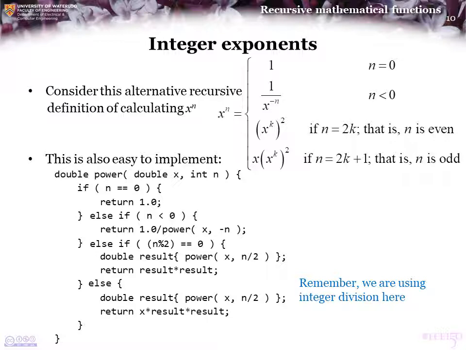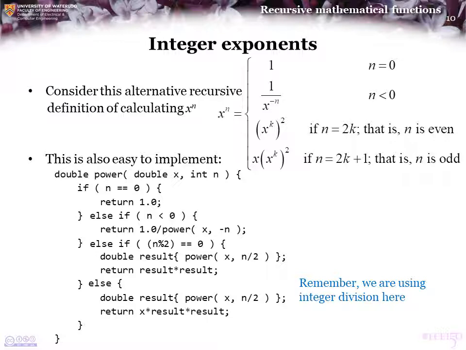Now, in the previous implementation, if I wanted to calculate x to the 100, I'd have to multiply something by x 100 times, which is going to be very expensive. Here, on the other hand, to calculate x to the 100, I have to calculate x to the 50.